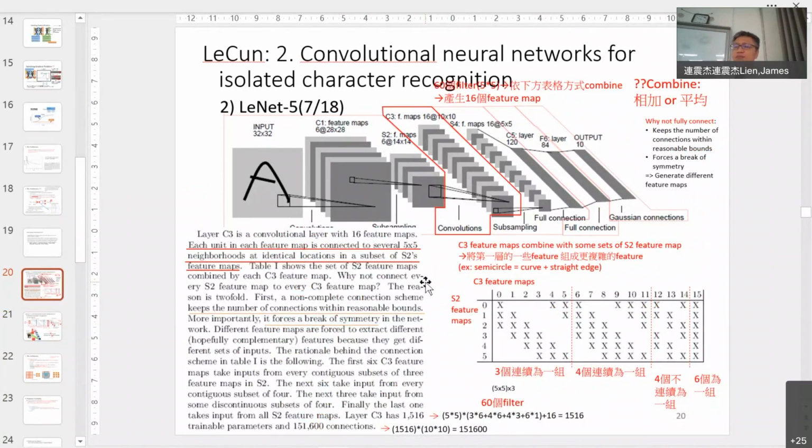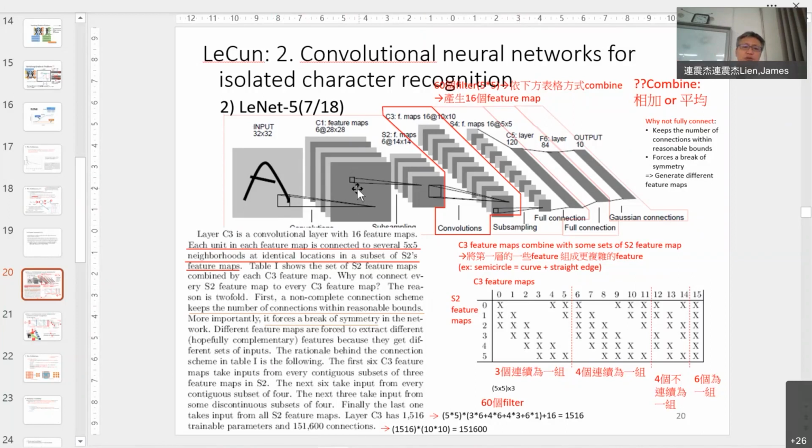But it's not 3D. A 3D filter has X, Y, and Z, or W, H and the depth. Crossover is for the number of channels. So this is 2D times the channel number.